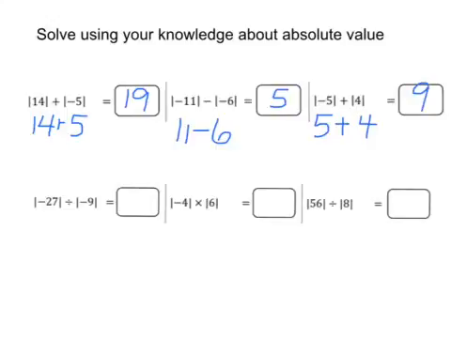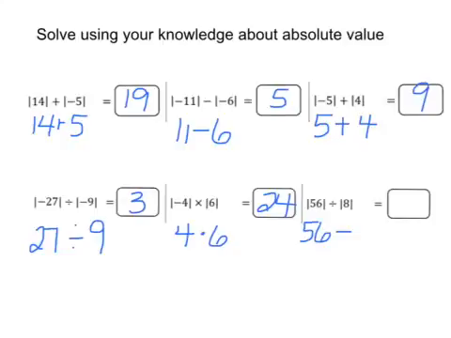The absolute value of negative 27 is a positive 27, divided by the absolute value of negative 9, which is positive 9, equals 3. The absolute value of negative 4 is positive 4, times the absolute value of 6, which is 6, so we end up with 24. And last one, the absolute value of 56 is still 56, divided by the absolute value of 8, which is still 8, so we end up with 7.